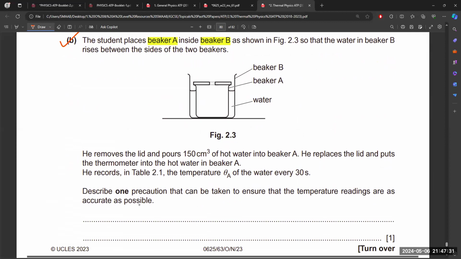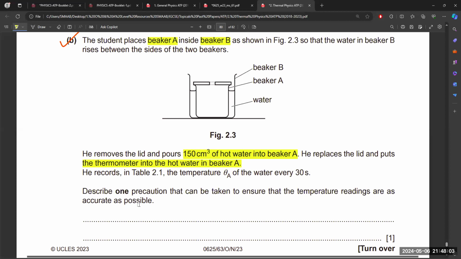He removes the lid and pours 150 cm³ of hot water into beaker A. He replaces the lid and puts the thermometer into the hot water in beaker A. He records in table 2.1 the temperature theta A of the water every 30 seconds.